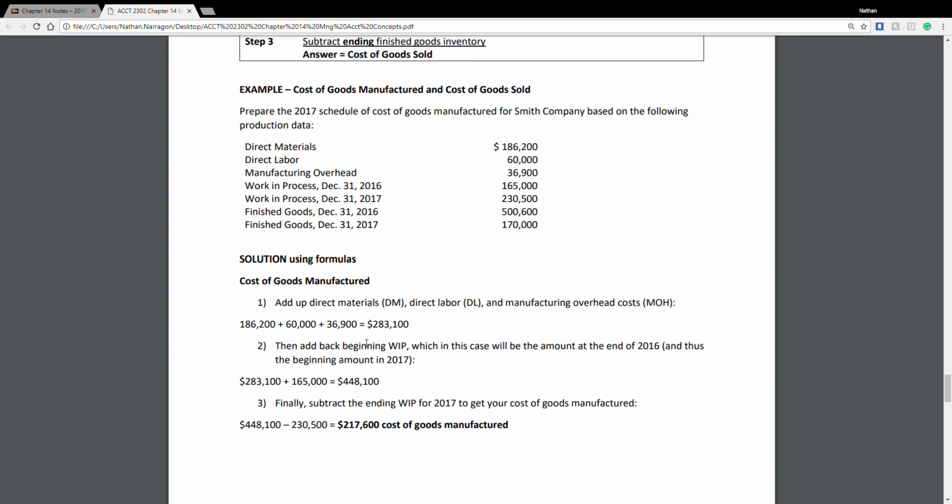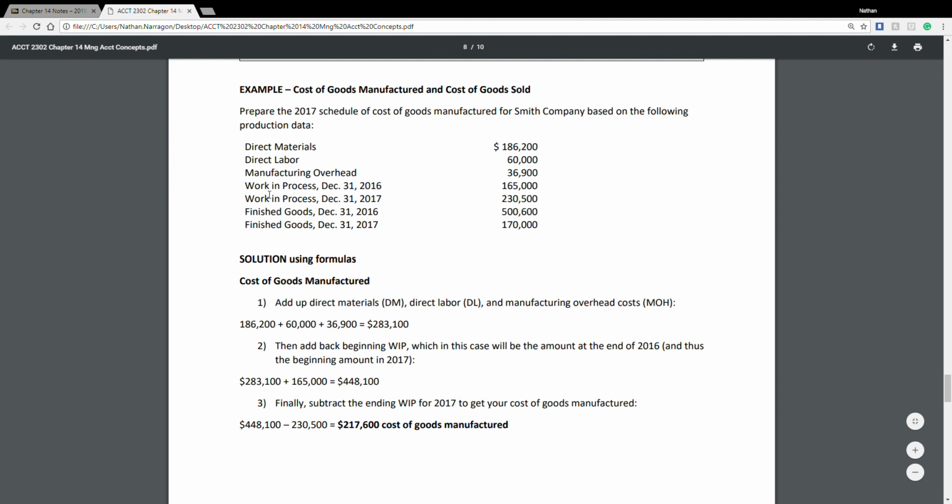Right here, we want to prepare a 2017 schedule of cost of goods manufactured for Smith Co. based on the following production activities. We have direct materials, direct labor, manufacturing overhead. Notice that it says December 31st, 2016 and December 31st, 2017.